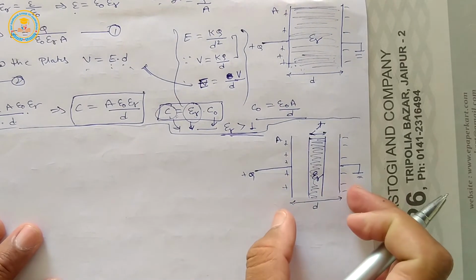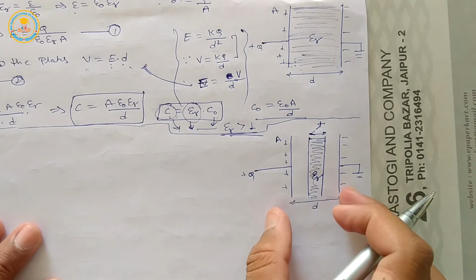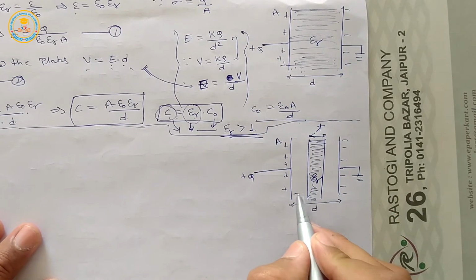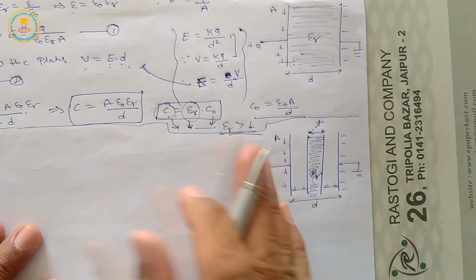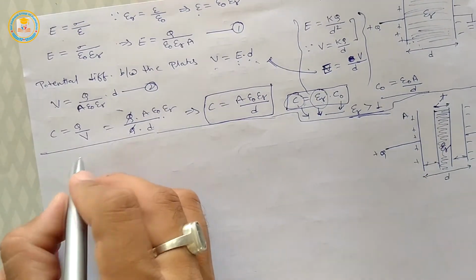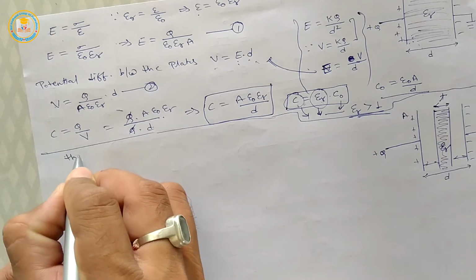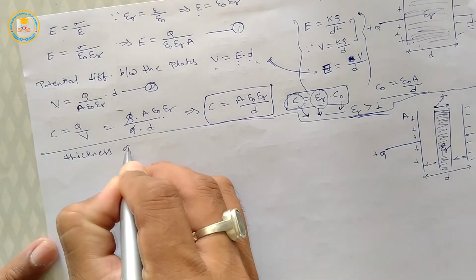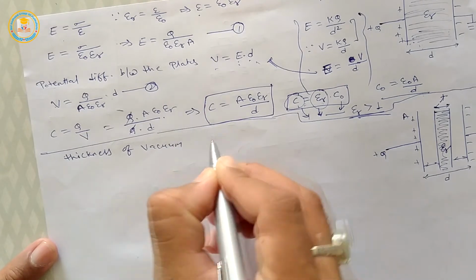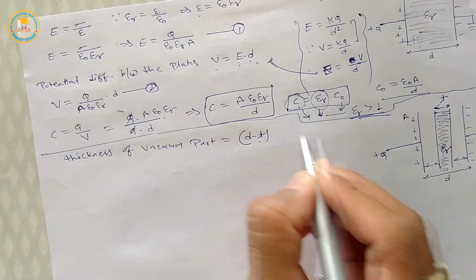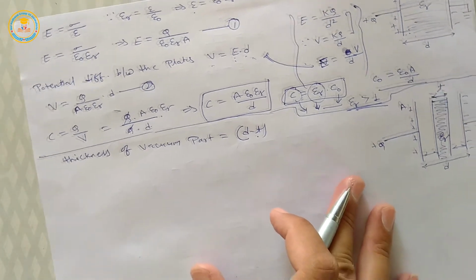Then from this figure we see that this is the vacuum. The thickness of the vacuum part between the plates will be d minus t.